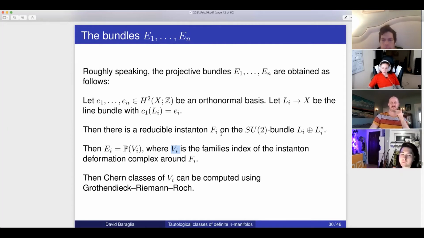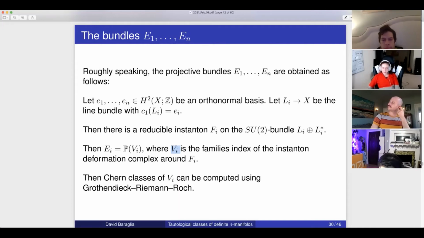This complex has H0, H1, H2, and if you are unobstructed, then H0 and H2 would be 0, and H1 would be real 6-dimensional, but it has a complex structure, so it becomes a complex 3-dimensional vector space.